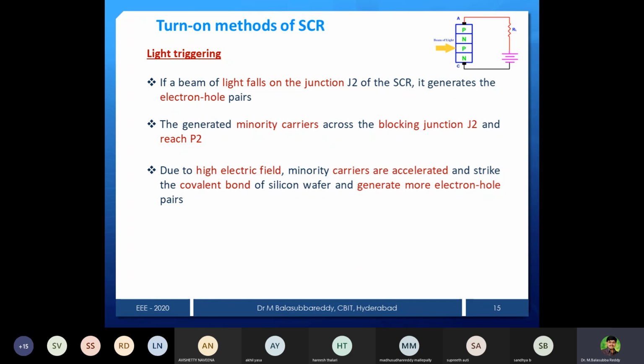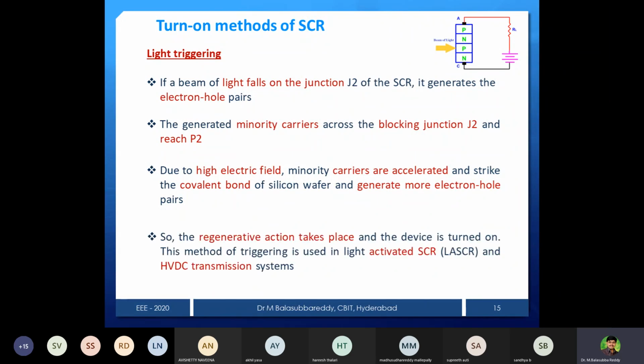Due to the high electric field, minority carriers accelerate and strike the covalent bonds, and further electron-hole pairs are generated. Consequently, more and more electron-hole pairs reach junction J2. Then junction J2 is going to break down.